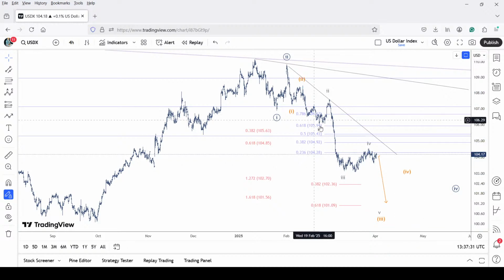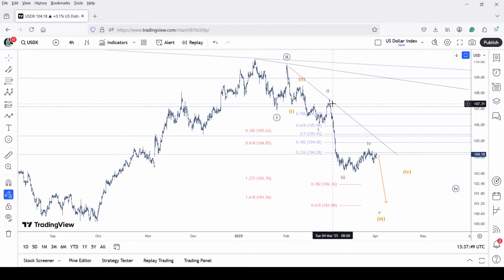All right, so it looks good on the short side, with sub-minute wave 4 complete around 104.50.